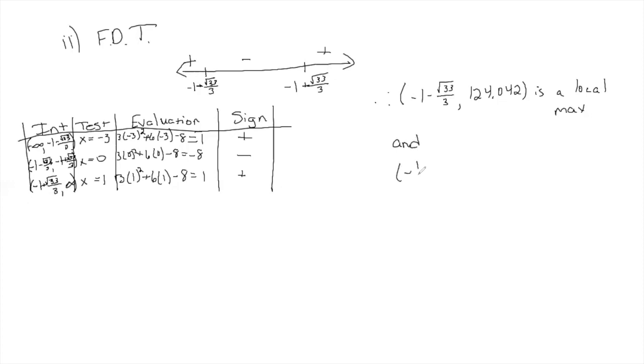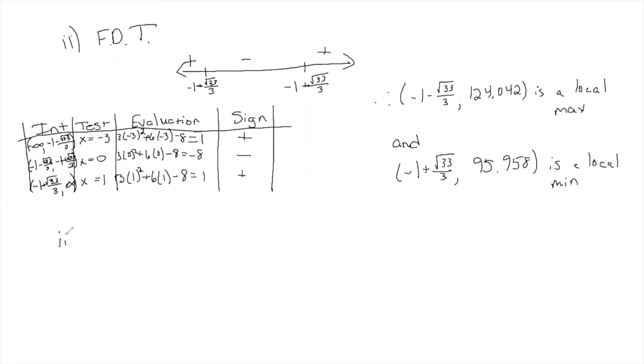And -1 plus square root 33 over 3, comma 95.958 is a local min. I tried to do it from memory, it didn't work. Great, so we found and classified the critical points according to the first derivative test.